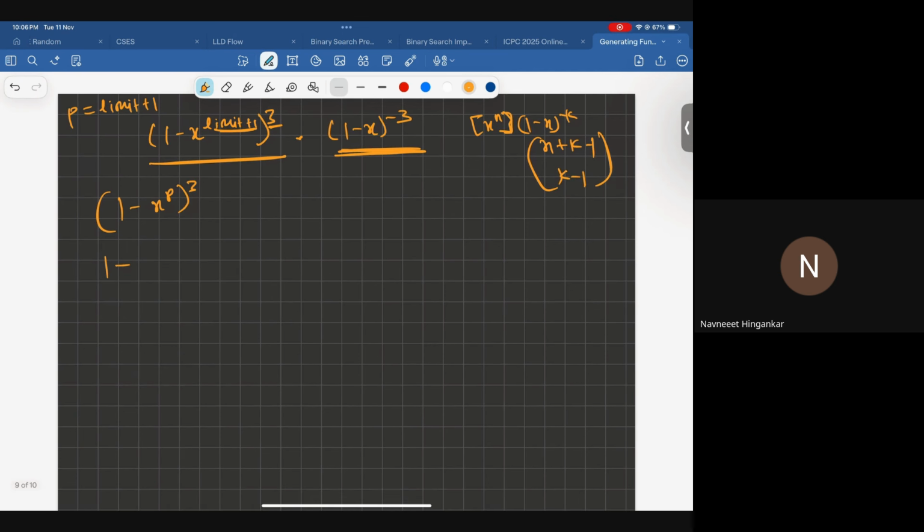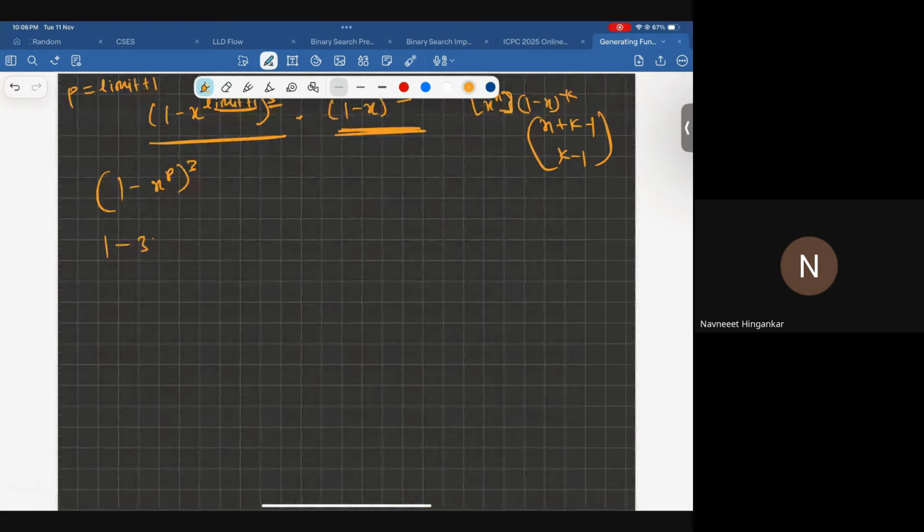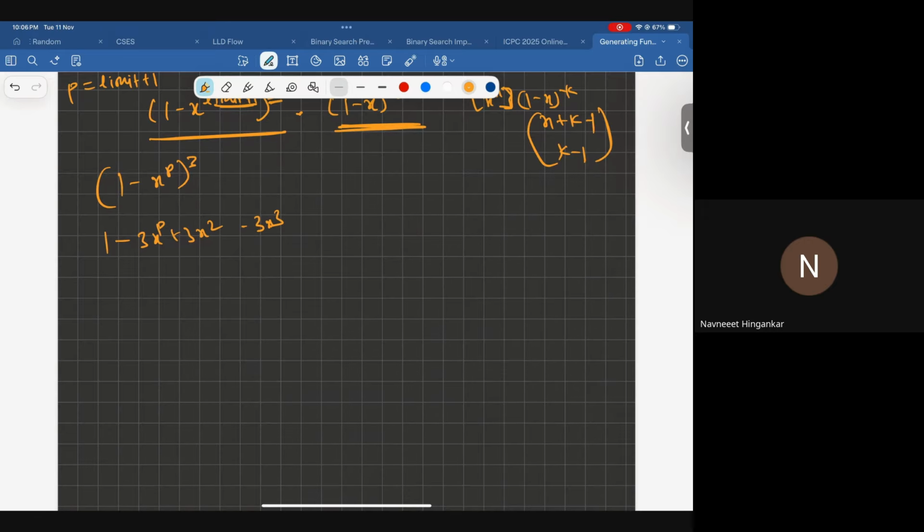If you remember the formula, it's 1 minus 3x plus 3x squared minus x cubed. We do the same thing here: instead of 3x, it's x to the power p, then 2p, and here it's 3p.